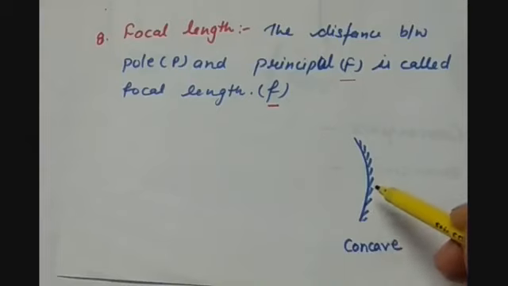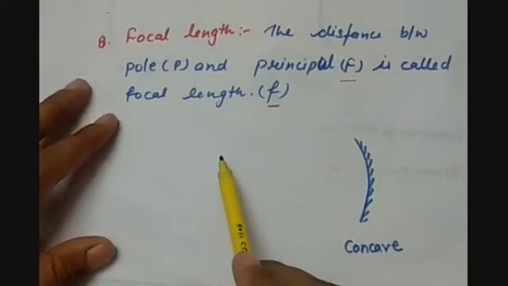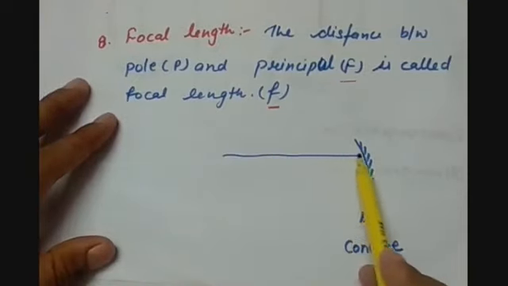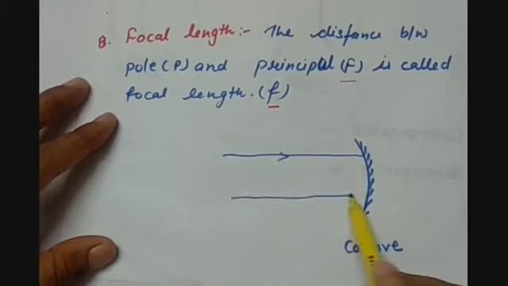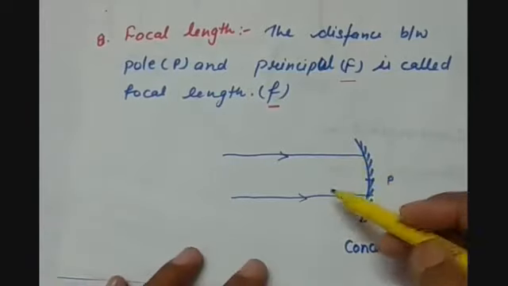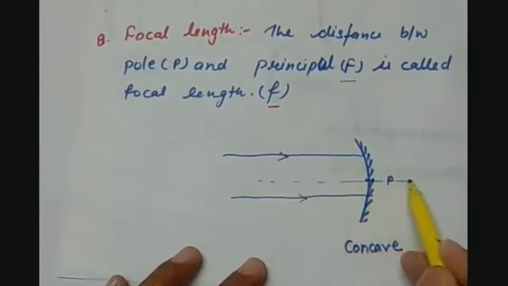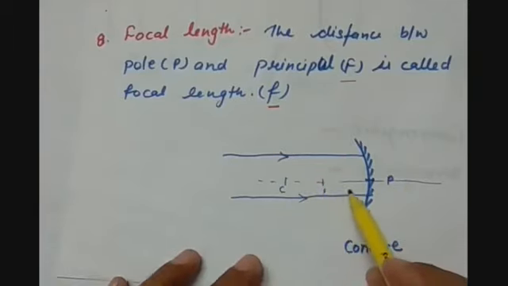For this, we have to take a concave mirror and allow the rays, let's say coming from the sun, to fall on the converging mirror in such a way that all the lines are parallel to the principal axis. As we all know, all the radiation coming parallel to the principal axis should pass through the focus. But now we don't know where the focus is.